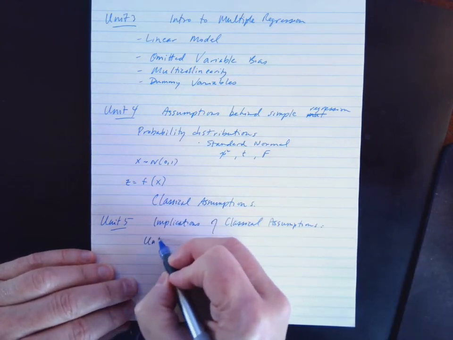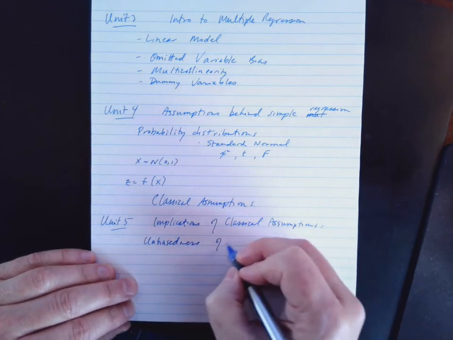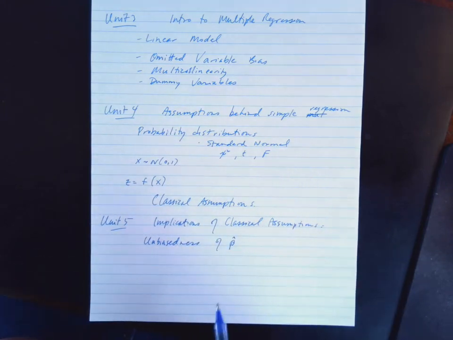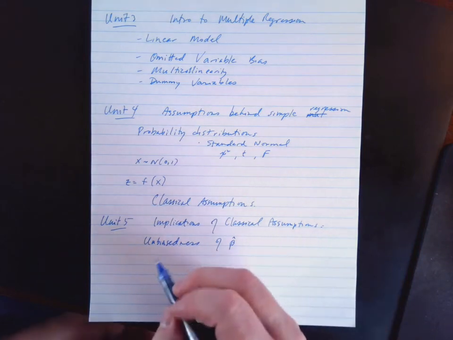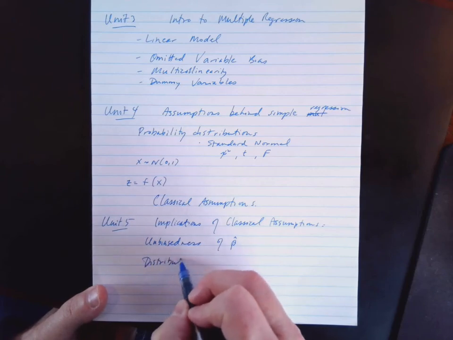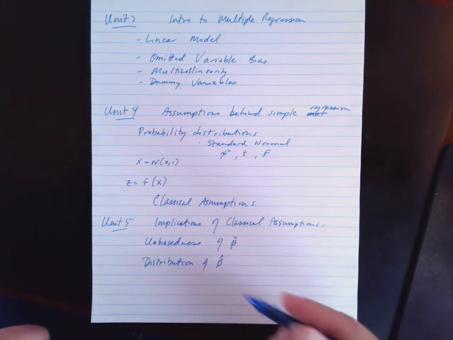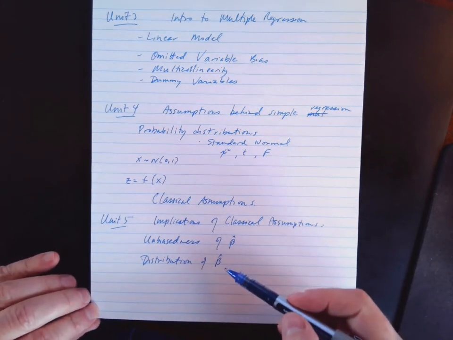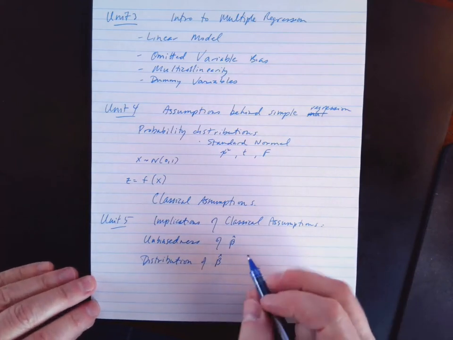One of them, a very important one, is the unbiasedness of our least squares estimator. And then the distribution of beta hat under the classical assumptions. So if classical assumptions are true, then we know something about the distribution of beta hat.